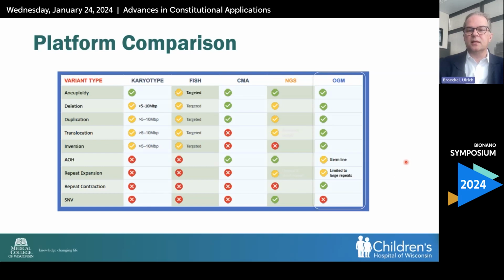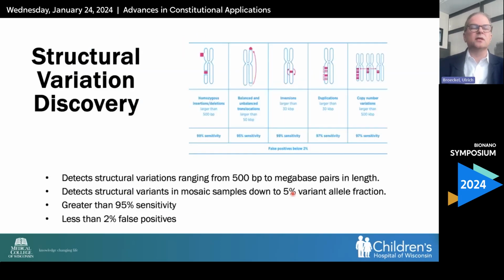To summarize, we can detect structural variation in a range of about 500 base pairs to a megabase. We can detect structural variants in mosaic samples down to roughly 5%, with a sensitivity and false positivity in the range for a diagnostic test. And here you can see the different abnormalities we can detect.